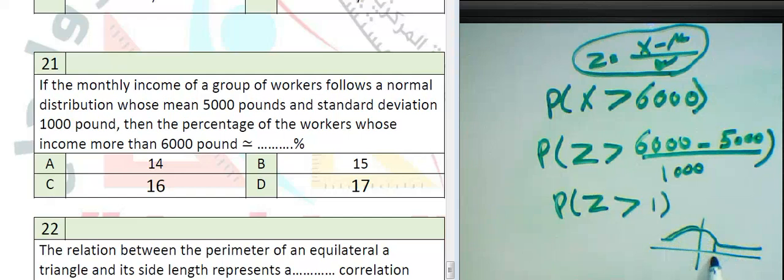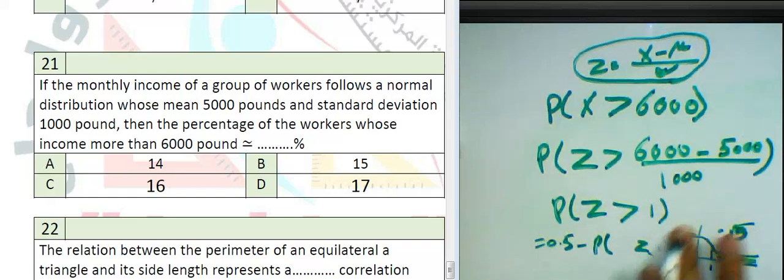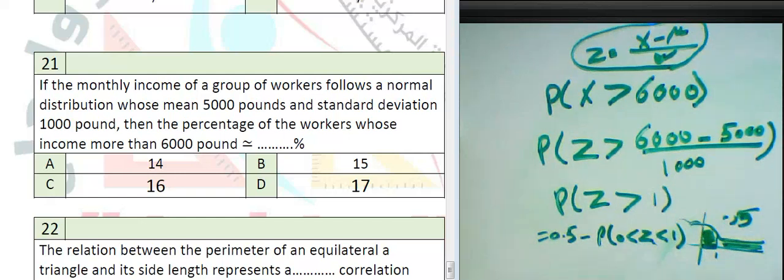z greater than 1. This part equals half. Subtract this area. The result will be 0.5 subtract the probability of z greater than 0 and less than 1. We can find the area here from the table and subtract this area from 0.5.